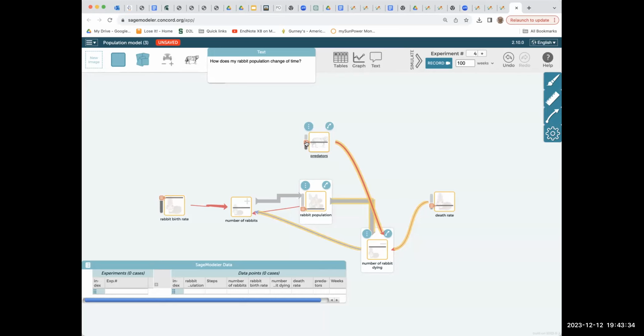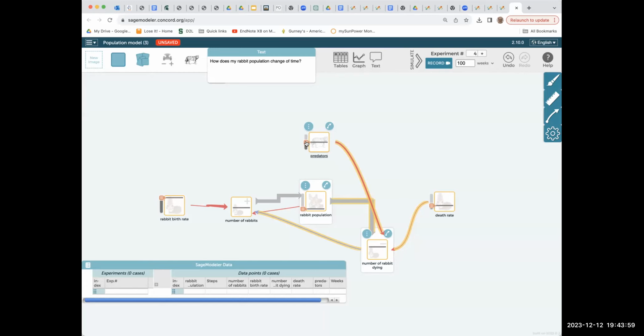Now, as a biologist, you can ask yourself a question: is this model complete? And the answer is no, because we know that as the number of rabbits decreases, the predators don't have any more food, so they'll decrease.